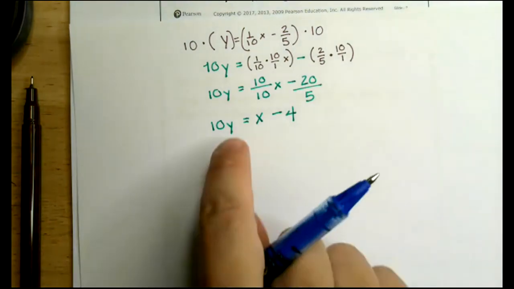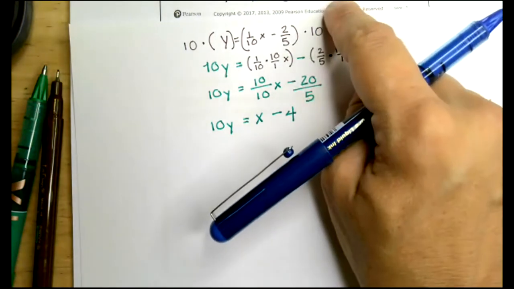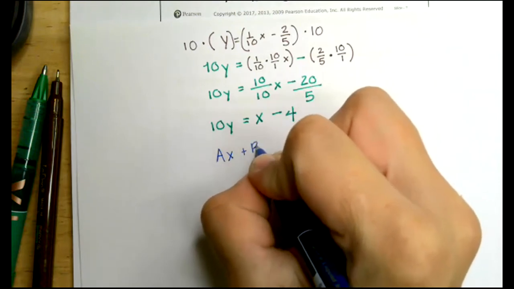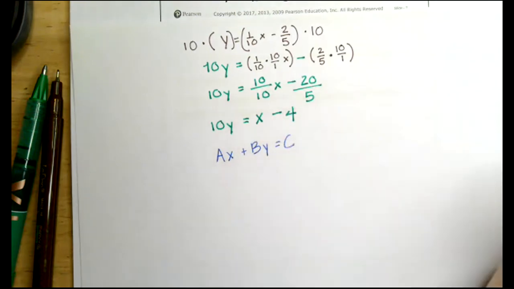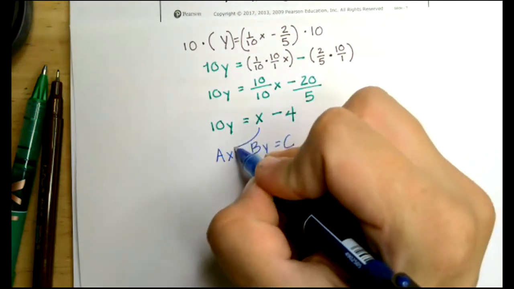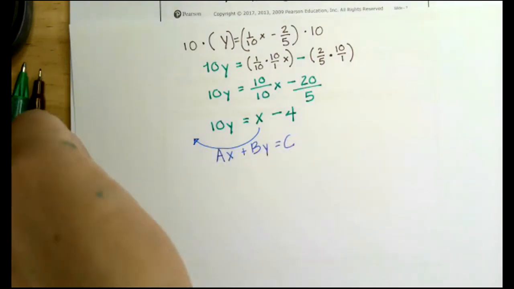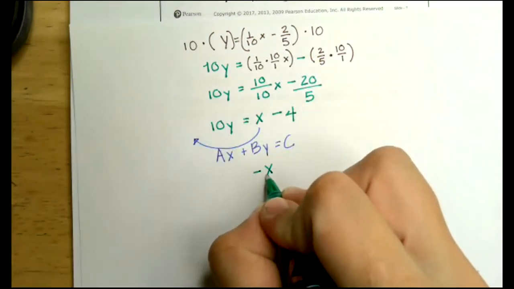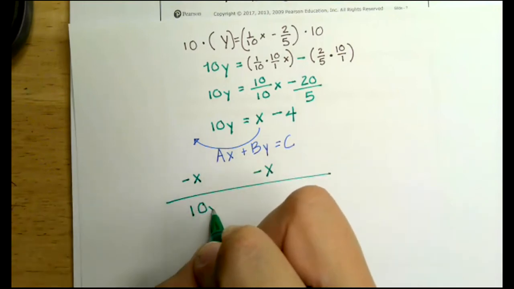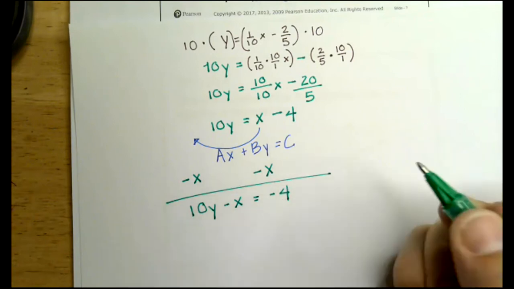Okay, so 10y equals x minus 4. We want it in ax plus by equals c form. All right, so that means I need to move the x over here. So I will subtract x. 10y minus x equals -4.